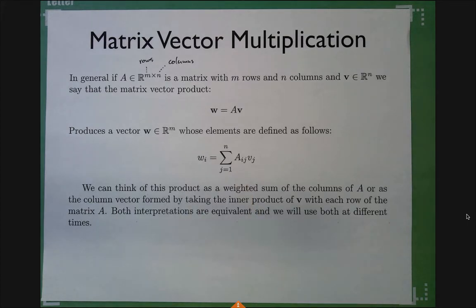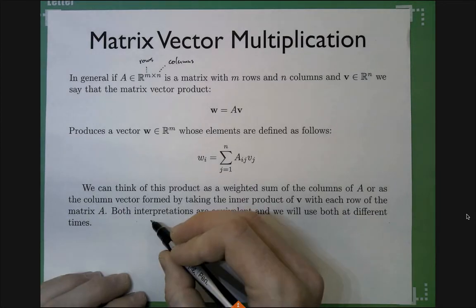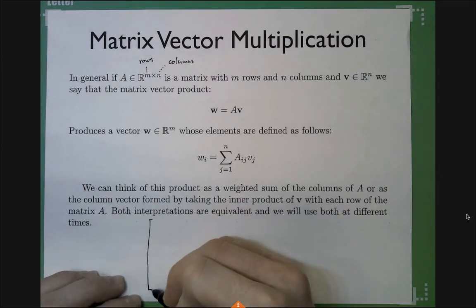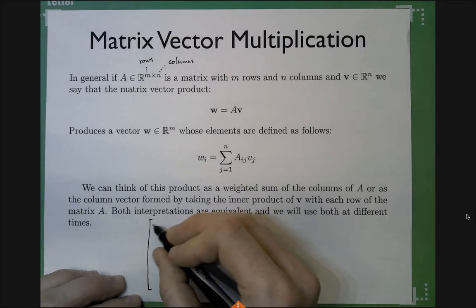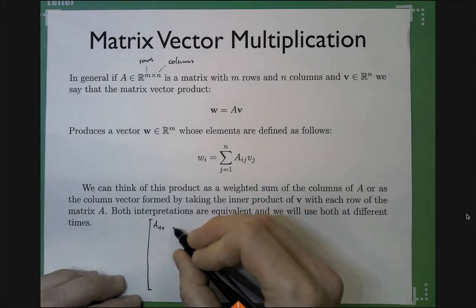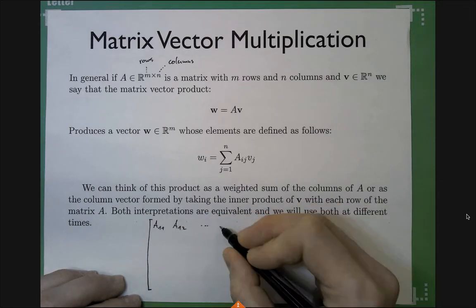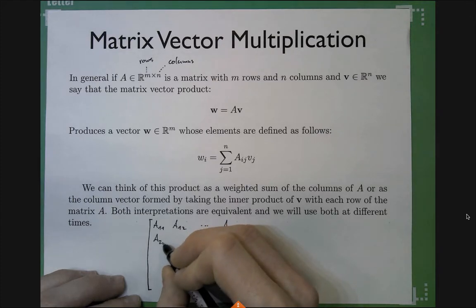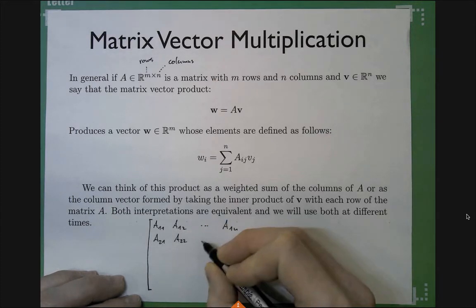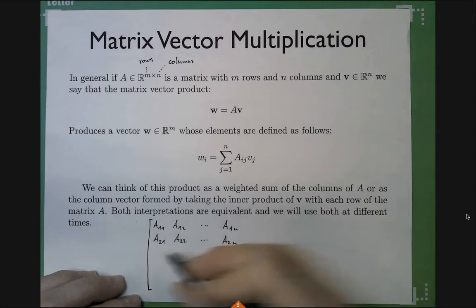So I guess the best way is to write it out, the matrix. So let me try doing it here. Is that well visible? I hope so. So if my matrix has elements A11, A12 up to A1n, how many columns? N, right? That would be A21, A22 up to A2n, right?